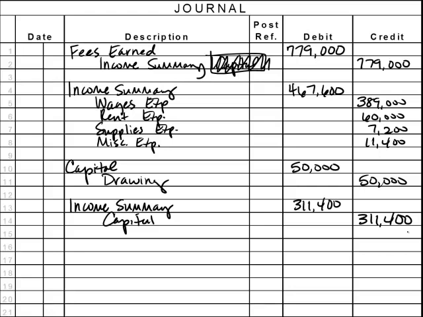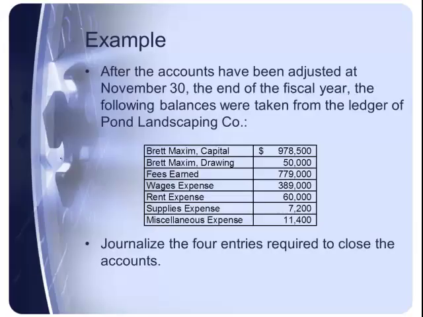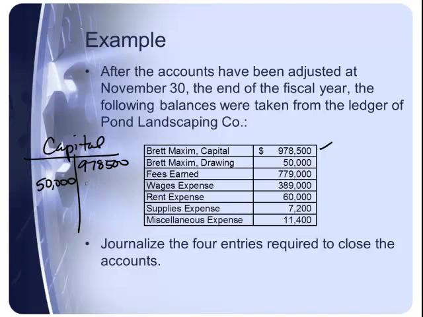So when we take 50,000 out of capital, we did right here. What we can do, he started out with $978,500 in capital. We debited $50,000, that drawing entry. We just credited $311,400. I think, was that the right number?